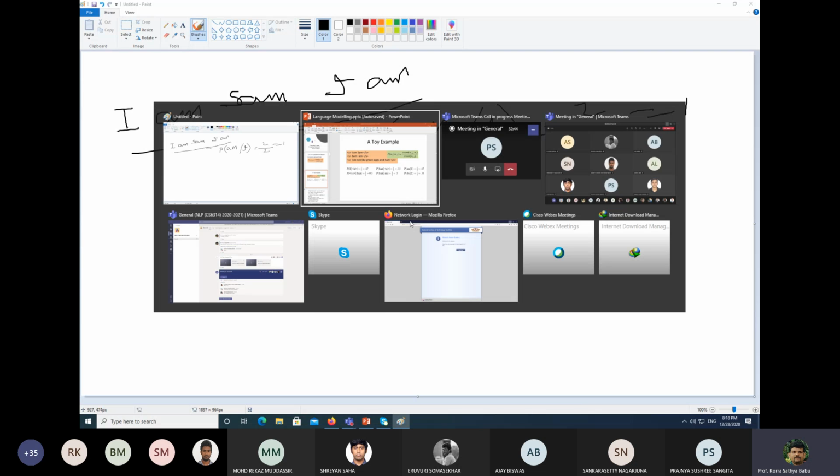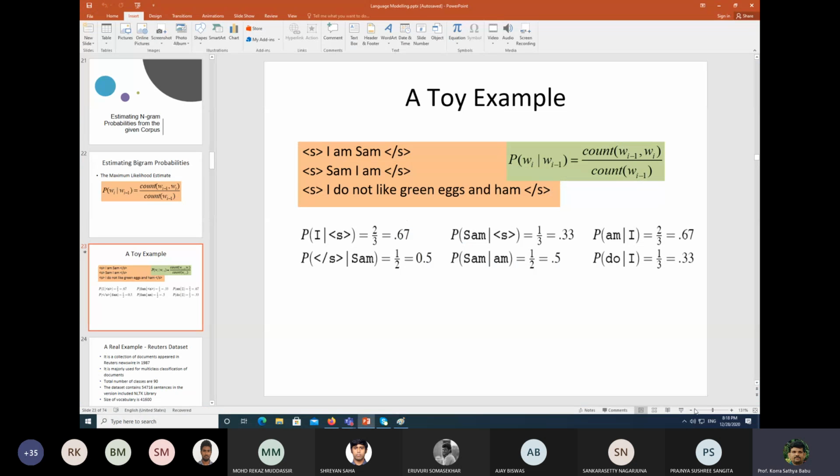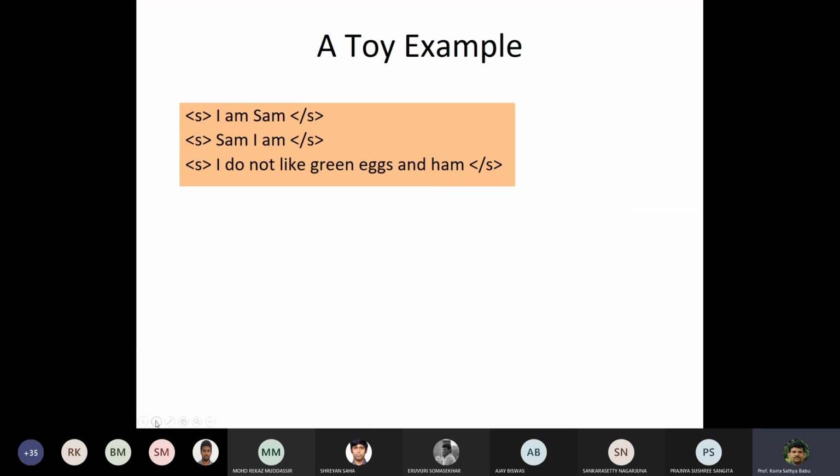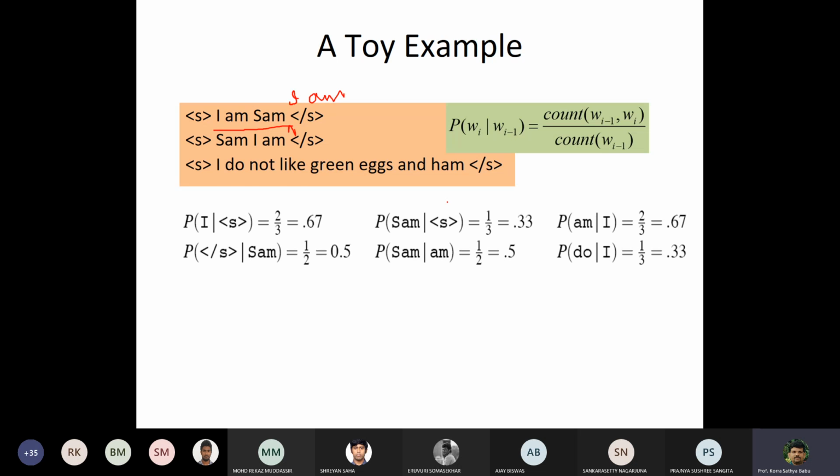Okay. Sorry, it is here. Pen. So here, when you are trying to make it like I am Sam, again suppose you are trying to insert here I am. So the probability gets changed now.